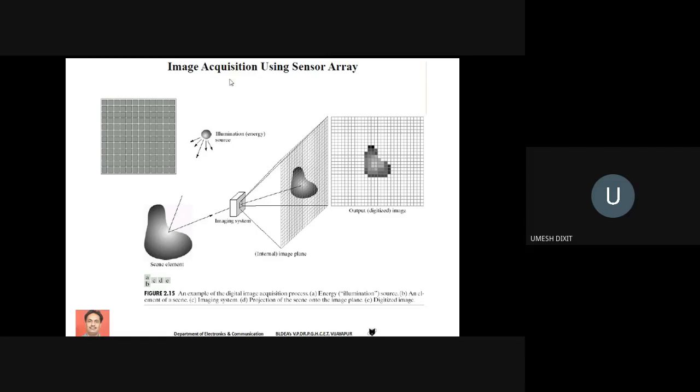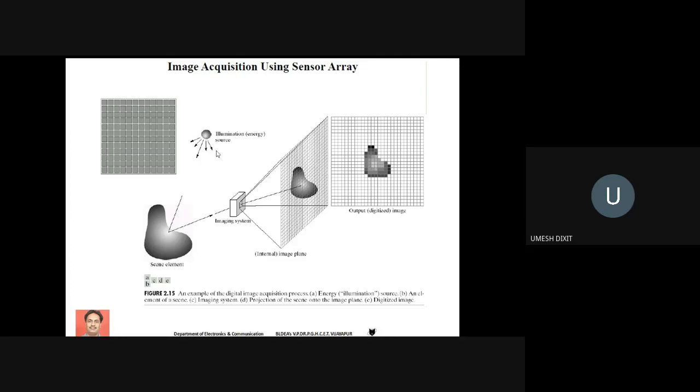When this illumination source falls on the object, okay, this is the object for which we want to capture the image, right? So when this light or illumination falls on the object, either it is going to radiate the energy or it is going to absorb the energy, right?